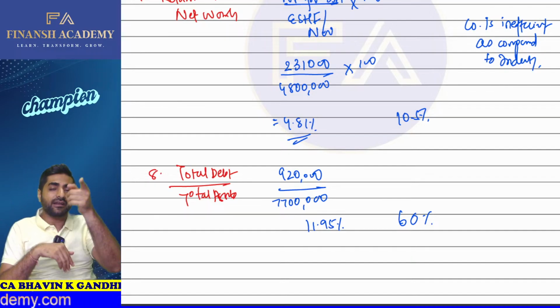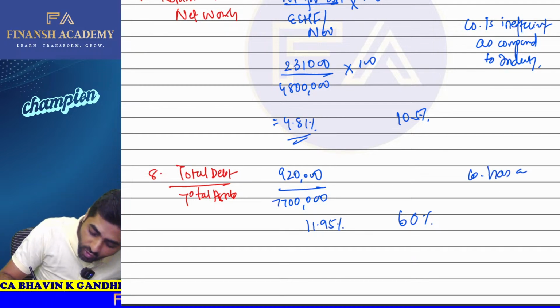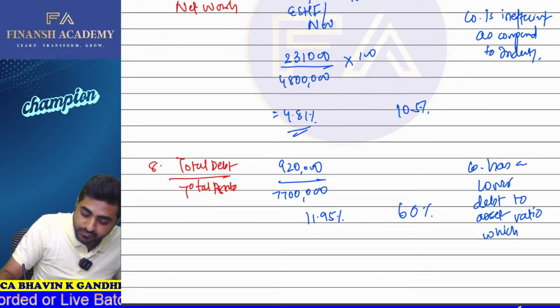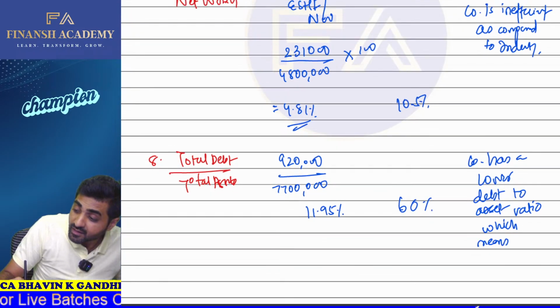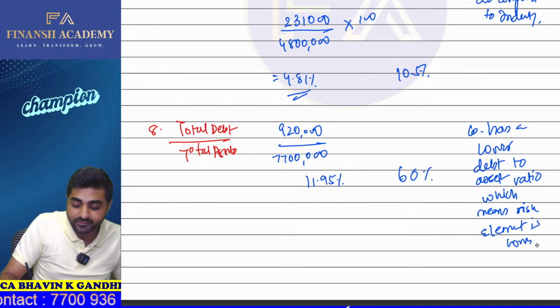So is it good or bad? It is definitely good. So we'll write down: company has a lower debt to asset ratio, which means risk element is lower.